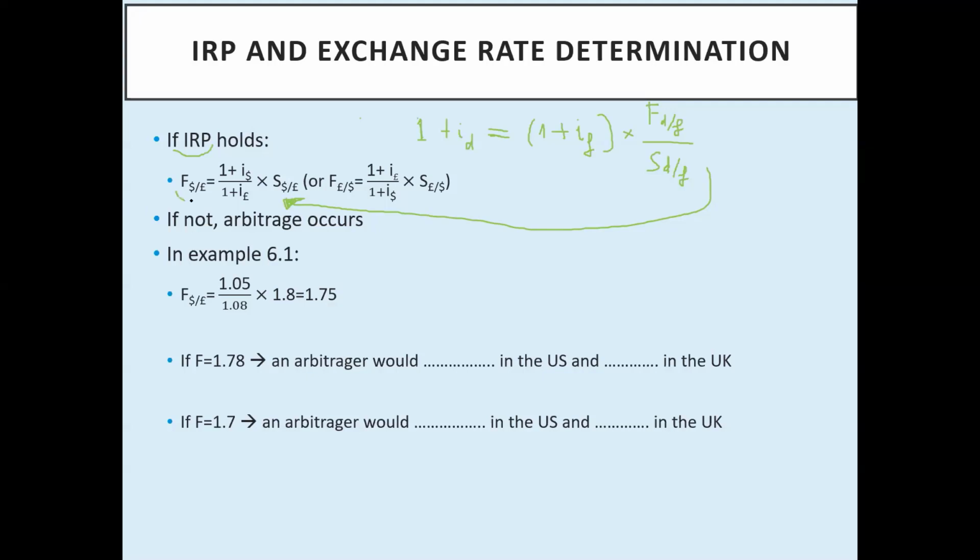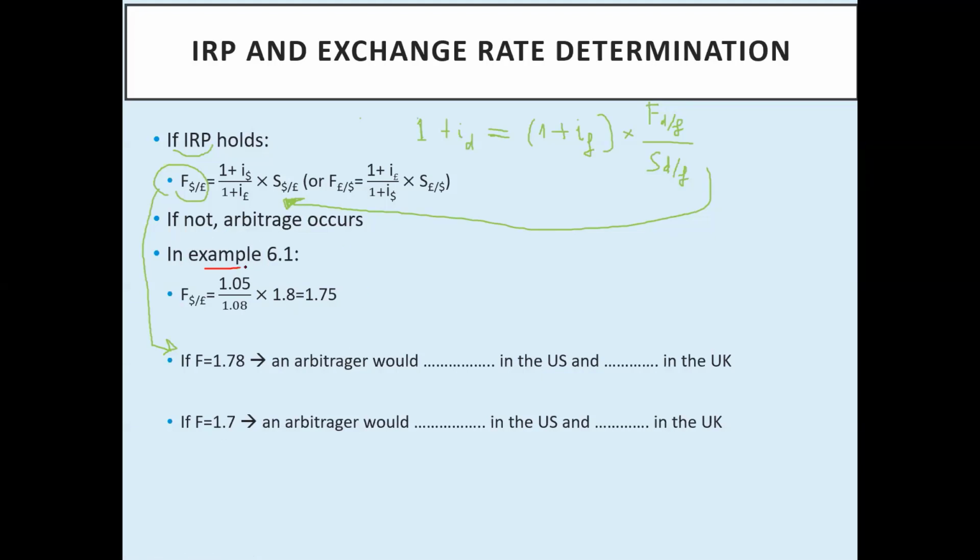So in this case, another way to check whether we have any arbitrage profit opportunity is to compare the forward rate with what is the fair rate, okay? It's similar to calculating the cross rate in our arbitrage problem before.